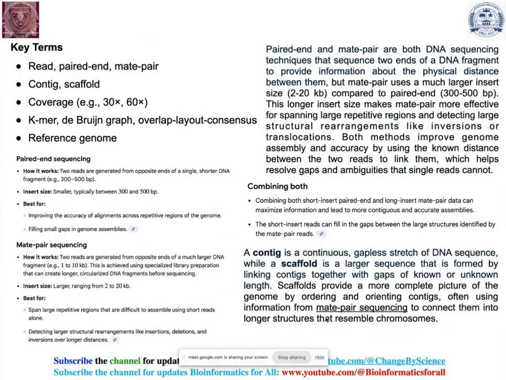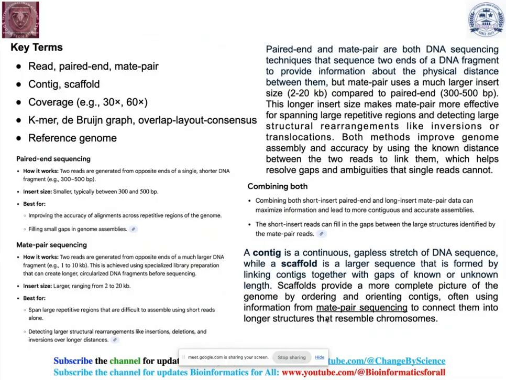So paired end and mate pair are both DNA sequencing techniques that sequence two ends of a DNA fragment to provide information about the physical distance between them. But mate pair uses a much larger insert size compared to paired end.